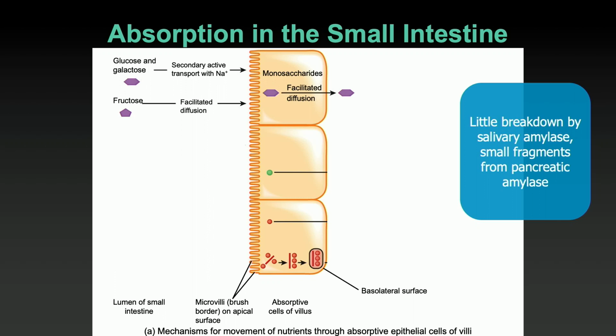There is breakdown by pancreatic amylase that leaves these small fragments. And this one is only 4 glucose units long. It's a small polysaccharide, meaning it has many individual saccharides.